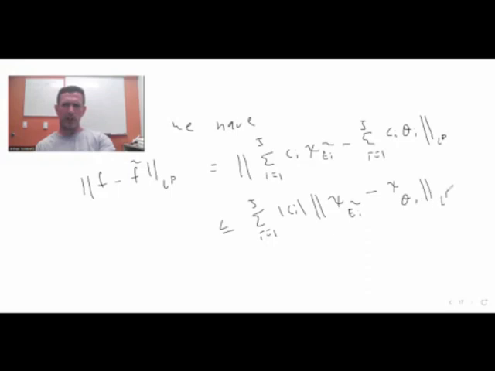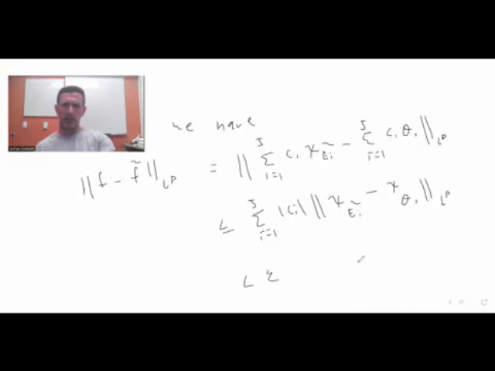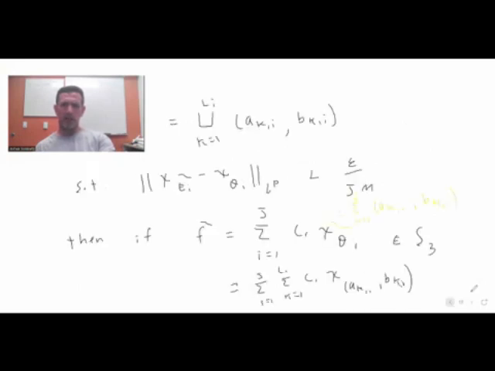As I said, this is really the heart of the proof. This is less than epsilon, since we picked this to be less than epsilon over J M. So we're done. We have proved that, by definition really, S3 is dense in S2.